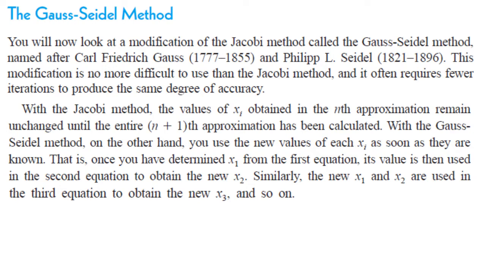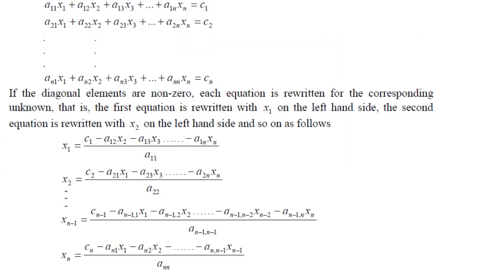I guess it would be much better if you see the example, and then you will understand better, inshallah. But let me explain further. Students, here you can see the system of equations I have rewritten.